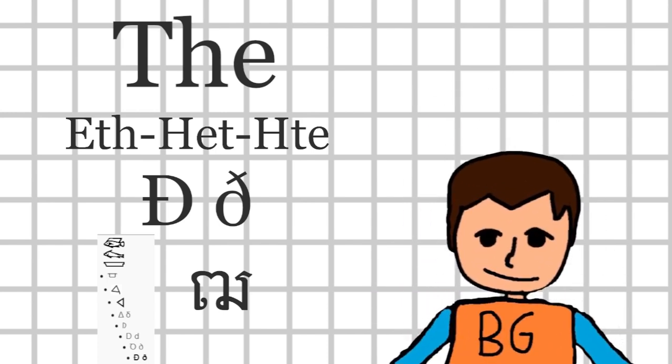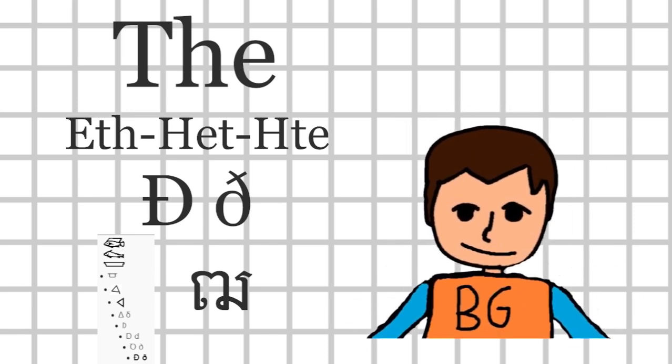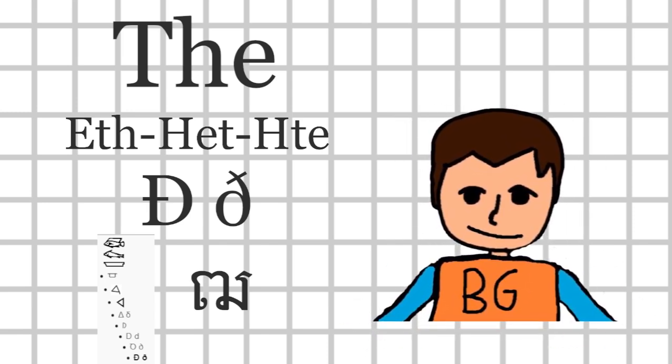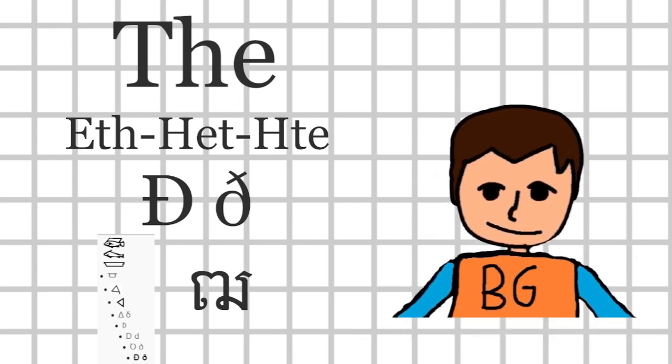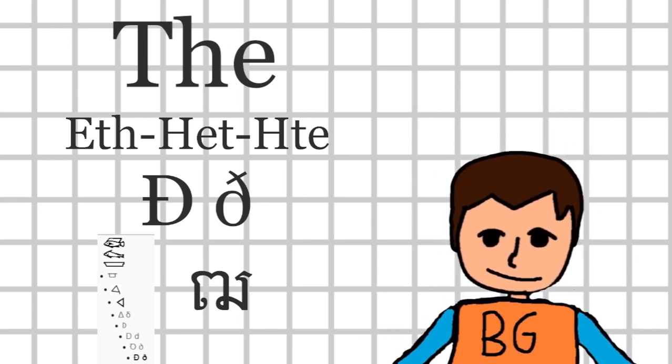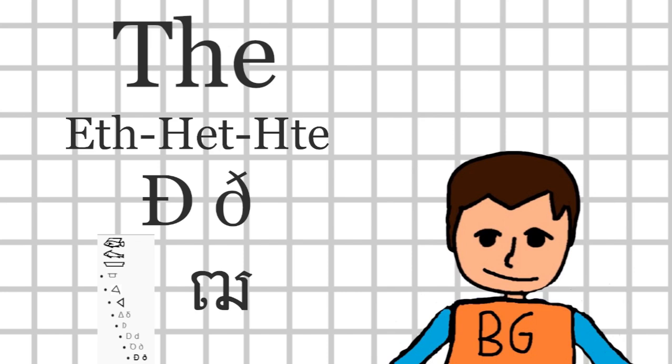Now, other than that, there doesn't really seem to be any other usage for eth, although it's the capital for eth, which is a bit random, but the capitalized version of eth is also used as a symbol for Dogecoin, and honestly that is so disappointing because it's called Dogecoin instead of Dogecoin.